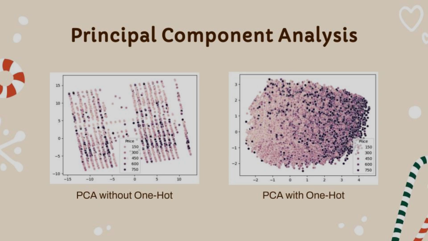Additionally, we also use different dimensionality reduction techniques in order to try to explain our data. We started by running principal component analysis, and we can see that on the one-hot encoded data, the PCA can clearly make a gradient using the price values, whilst on the one without the one-hot, we can't really make out any clusters or relations.